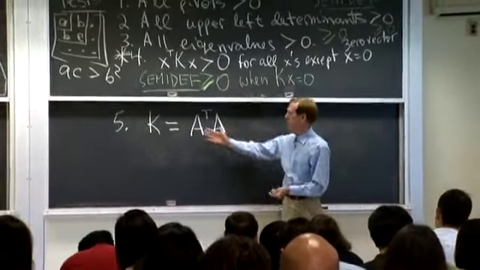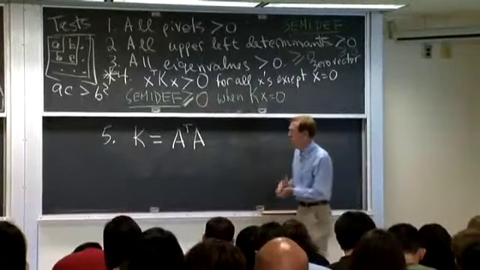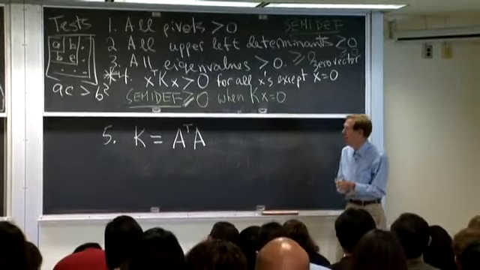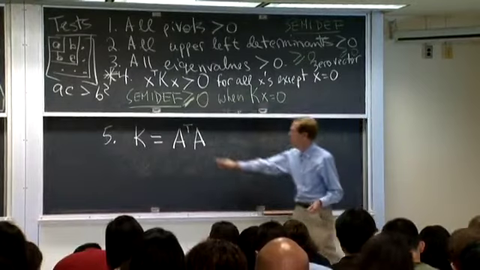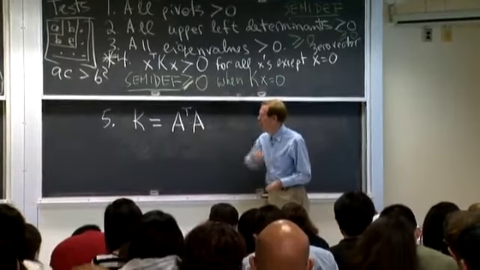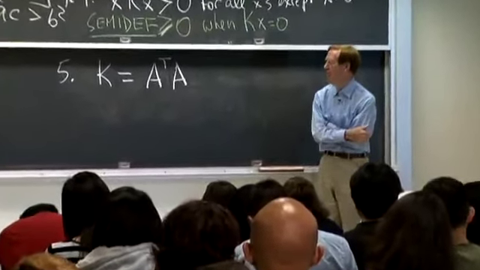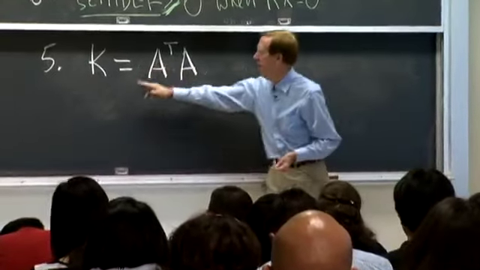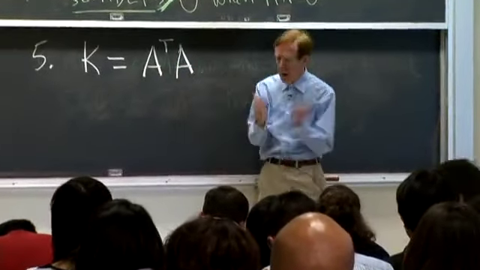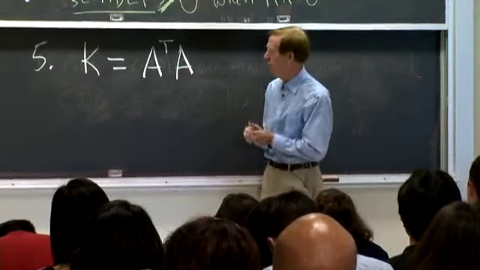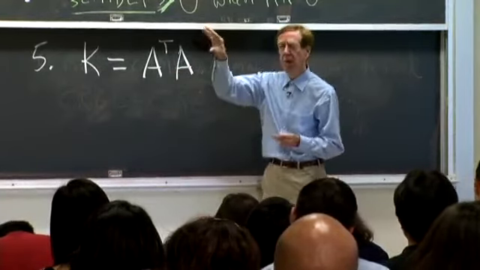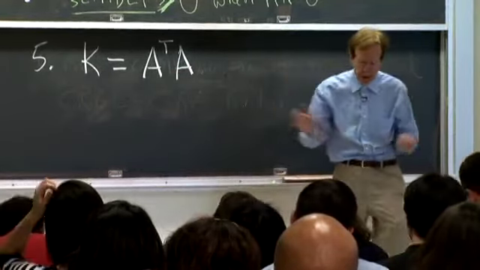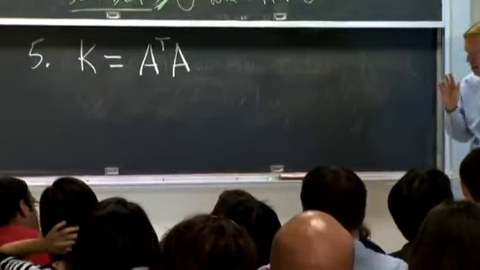If A was the 0 matrix, of course, we would just get the 0 matrix, which would be only semi-definite, or there are other ways to get a semi-definite matrix. But I'm saying that if I have any matrix and I form A transpose A, I get a positive definite matrix, or maybe just semi-definite, but not indefinite.